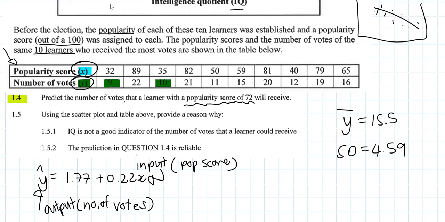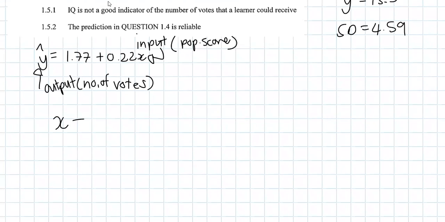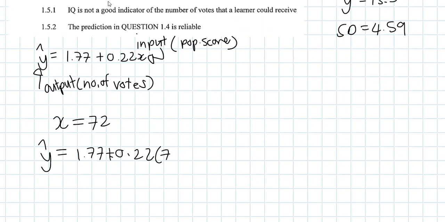So this question asked, predict the number of votes. It's asking for the output for somebody with a popularity score, an input, of 72. So simply letting X equal 72 is how we find the answer. Y will be 1.7709 plus 0.2243 times 72.